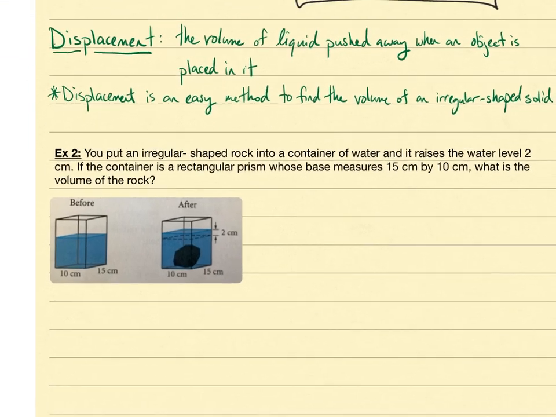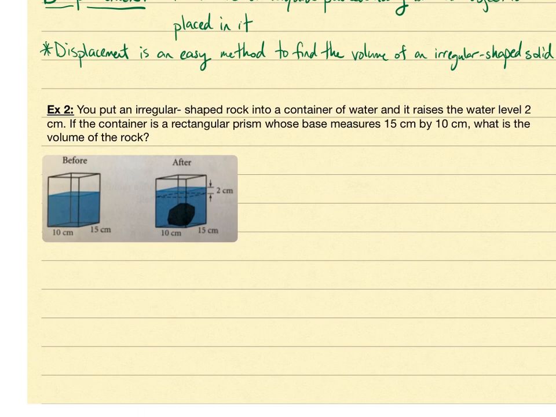You put an irregular shaped rock into a container and it raises the water level 2 centimeters. If the container is a rectangular prism whose base measures 15 centimeters by 10 centimeters, what is the volume of the rock? So you can see the before and after picture.